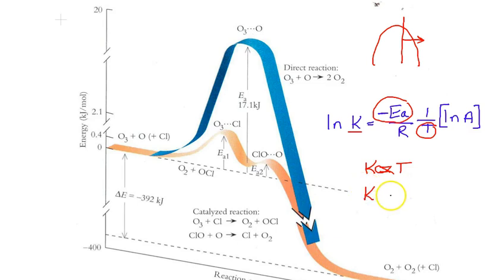So you need to understand that k is proportionate to temperature, and k is inversely related with Ea. So as activation energy increases and you move this line forward, there is a lower rate constant.